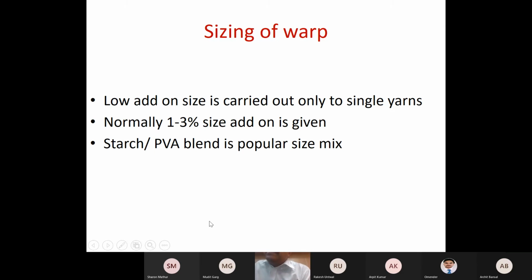While preparing the warp for terry towel weaving, this is very, very important. The sizing carried out for pile warp and ground warp is completely different from the conventional weaving warp sizing.